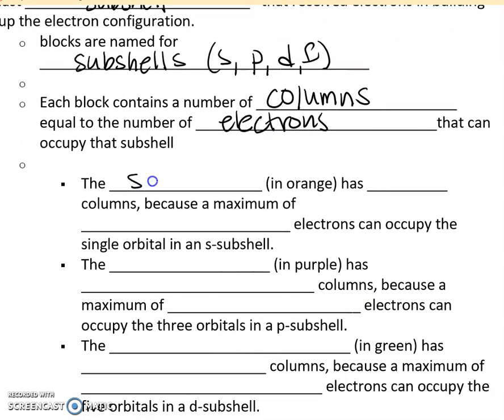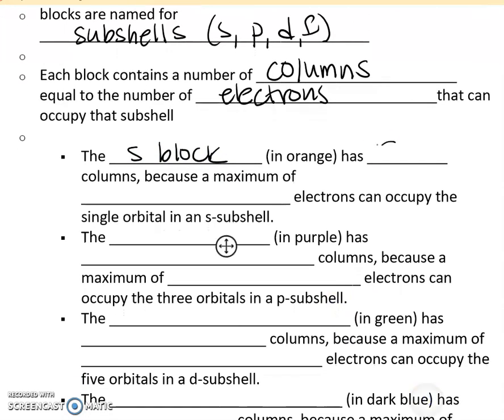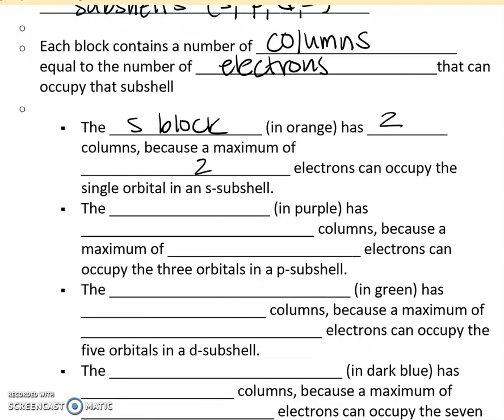For example, the s block in orange has 2 columns because there's a maximum of 2 electrons that occupy any orbital in an s subshell. Recall that an orbital can only have a maximum of 2 electrons. Now our p block has 6 columns because there is a maximum of 6 electrons.